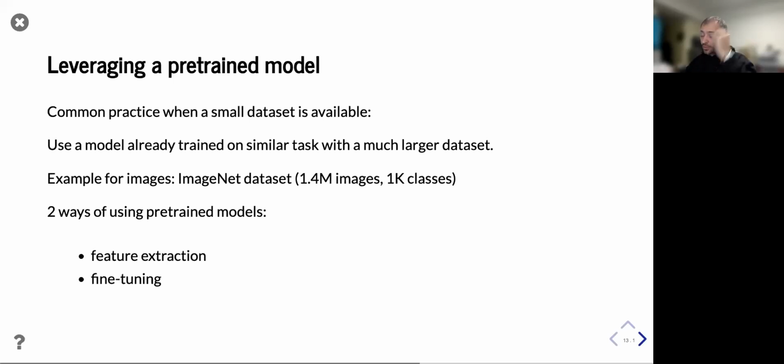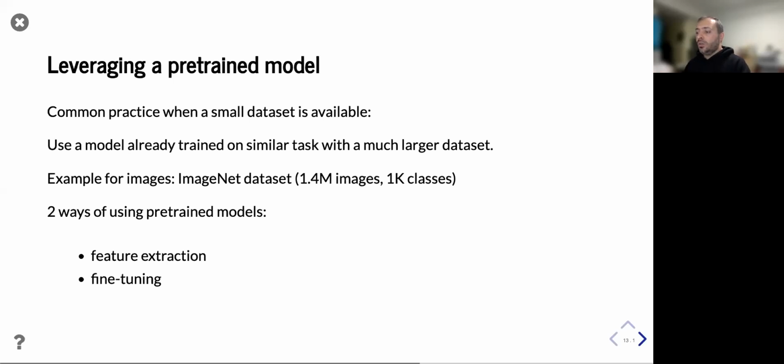For example, here we will use models pre-trained on ImageNet, which, as I mentioned before, is a very popular dataset with more than 1.4 million images and 1,000 classes. These classes include different kinds of dogs and cats and other animals, and everyday objects. So it's quite a similar task, and this is why we can use it.